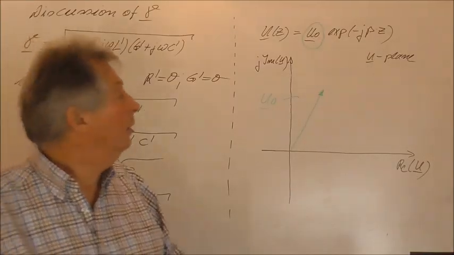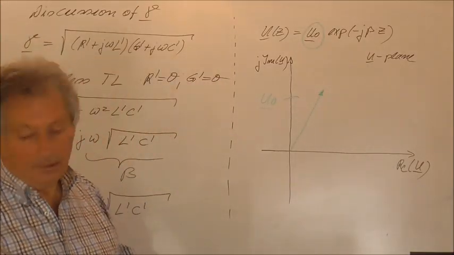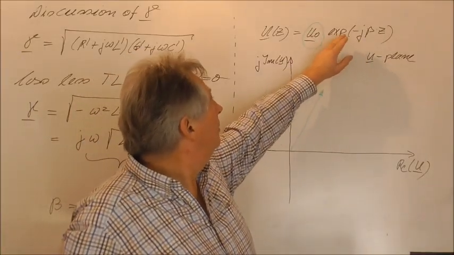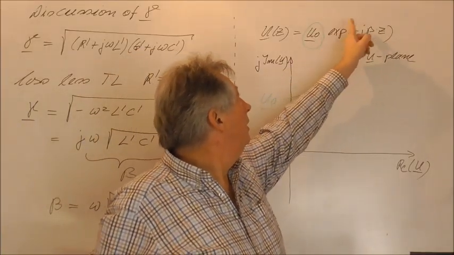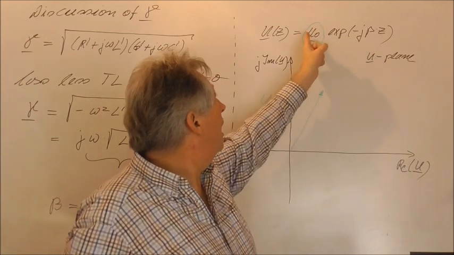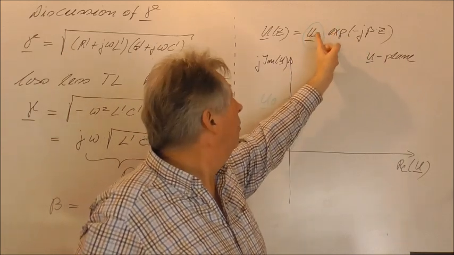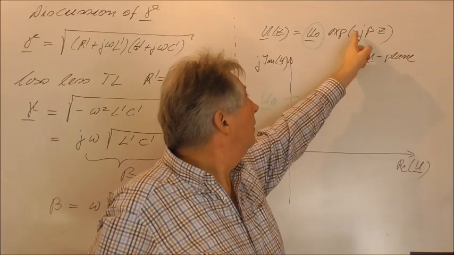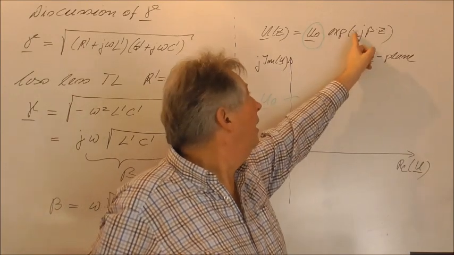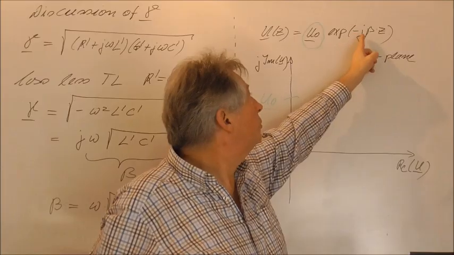At the moment we don't know its value, but we see now what this term will do. This is an exponential function which will change the phase of the voltage, and it will change the phase, because of the negative sign, in clockwise direction.